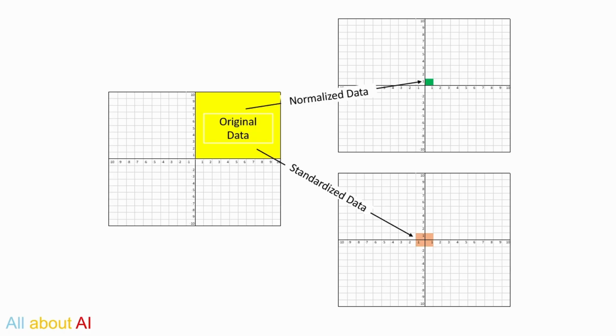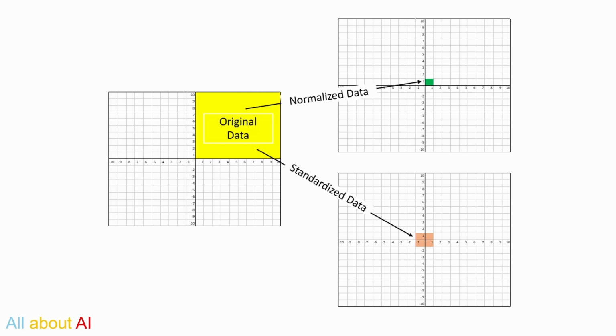Now, let's understand how it looks if we plot data. Suppose all this data is in the first quadrant, somewhere positive between 1 to 10 on the x-axis and 1 to 10 on the y-axis. If we normalize the data between 0 and 1, it will look like this: the rectangular box within that yellow, what you see here, will convert into this green.